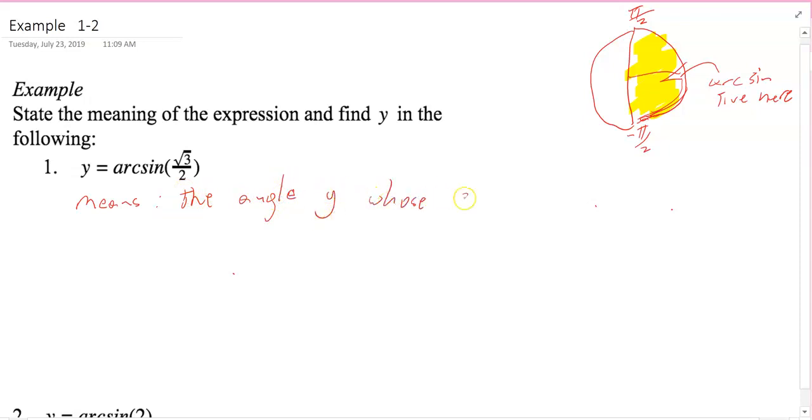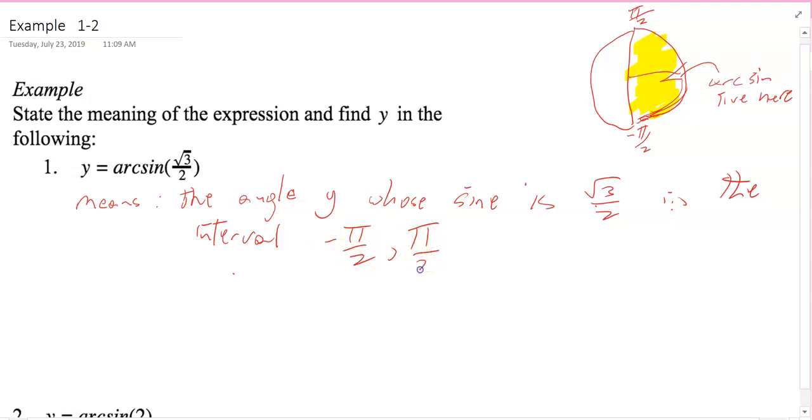whose sine is radical 3/2, and that is in the interval negative pi/2 to pi/2. Right? So what is this angle?